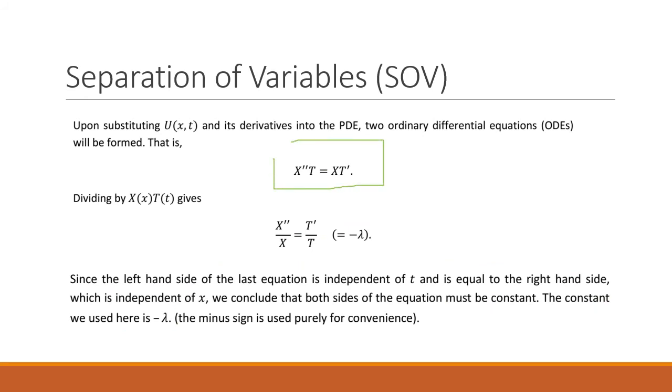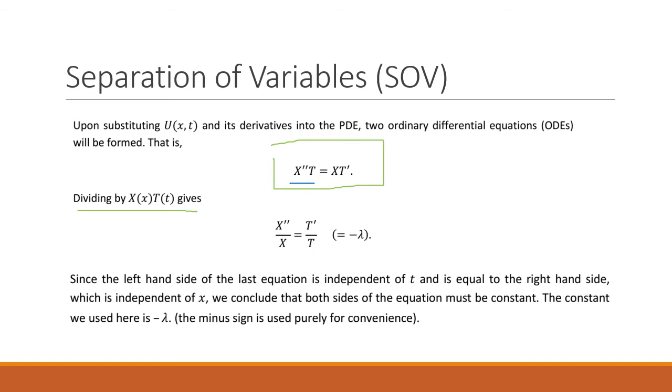Kita substitutekan sahaja. Okay, then bila dah dapat ini x double prime t equal to x t prime, the next step yang kita perlu buat adalah kita perlu bahagikan kedua-dua belah dengan x dan t. So yang ni kita bahagikan macam biasa.